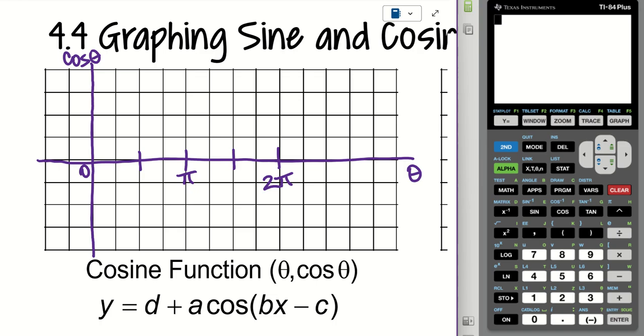The first mark is pi over 2. And halfway between pi and 2 pi is 3 pi over 2. I've just divided my graph up into 4 spaces on the x-axis. We could have done every 3 marks; you could spread it out as much as you want to. I was just trying to give us a little bit of space here.